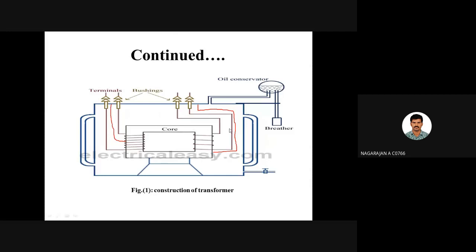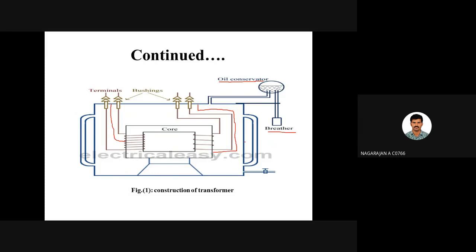Other than that, there are some important parts, such as the transformer tank. The outer rectangular box is called the transformer tank. The oil conservator, which is located here, and the breather. I'll mark it so that you can see. So this is the oil conservator and the breather.